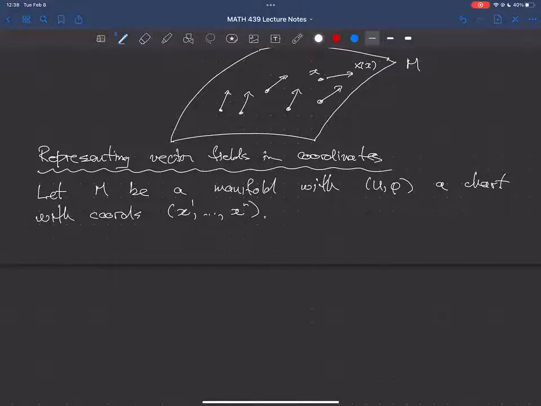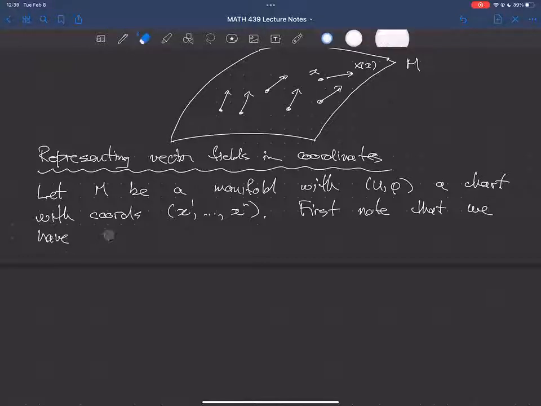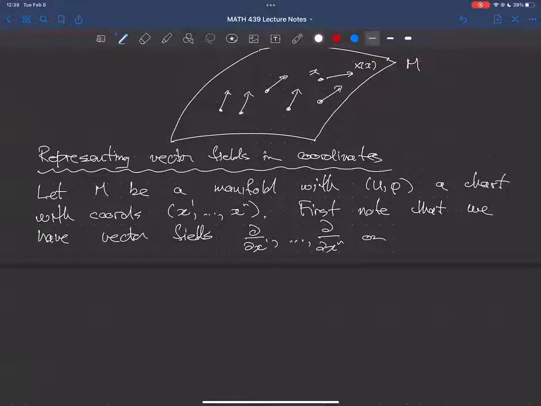All right. So first, note that we have vector fields, d by dx1 through d by dxn, on, not on all of M, because these vector fields are only going to be defined on the domain of the chart.